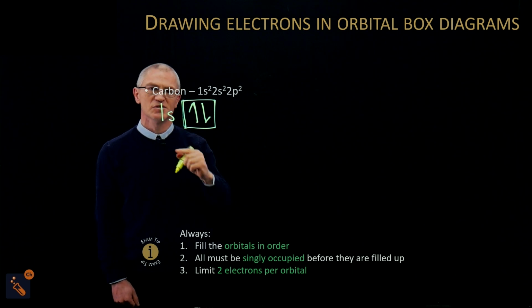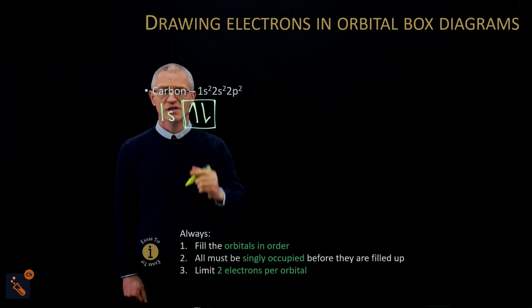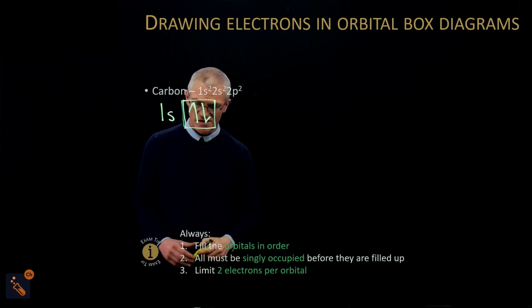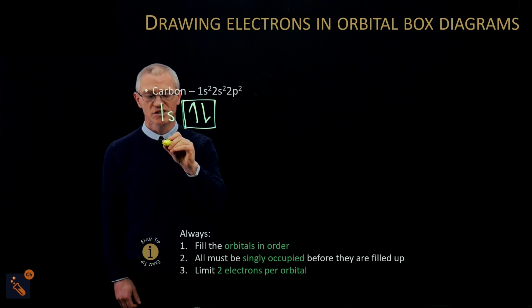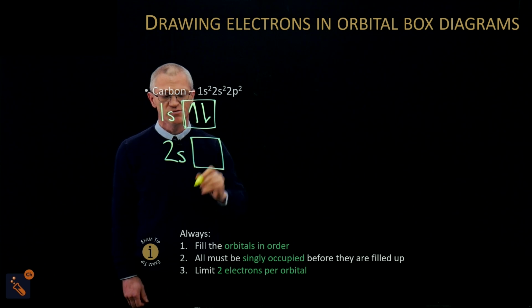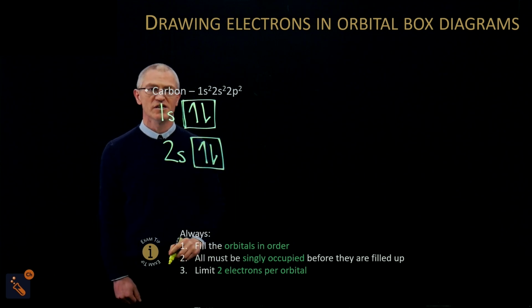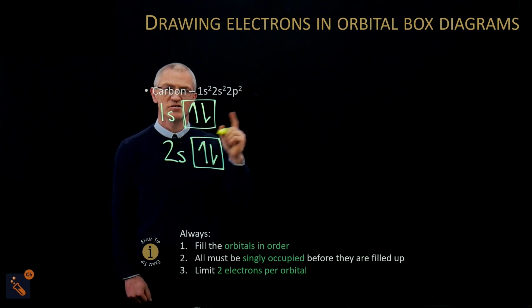Now we know there's only one orbital per 1s, and then we go to 2s. We only have one orbital there again, so we only draw one box, and then we draw 2 electrons. So we've done our 1s2, 2s2.